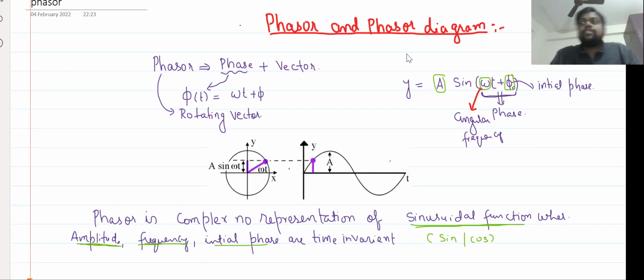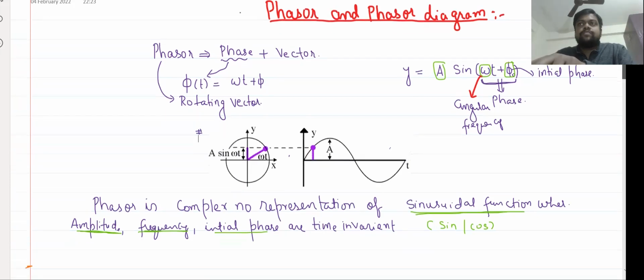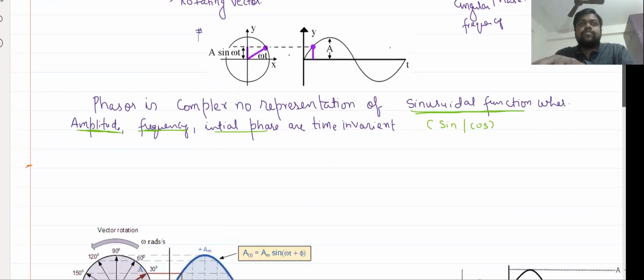That means it does not depend on time. Otherwise, we cannot draw the phasor of it. So you can see in this diagram. Let us first see one more diagram which is just below this page, which will make you more clear how this phasor is drawn.